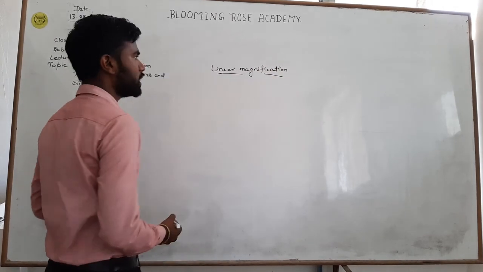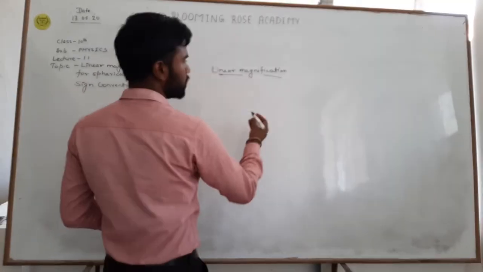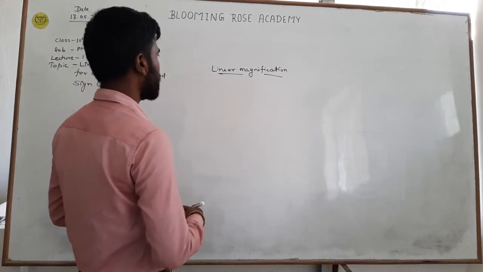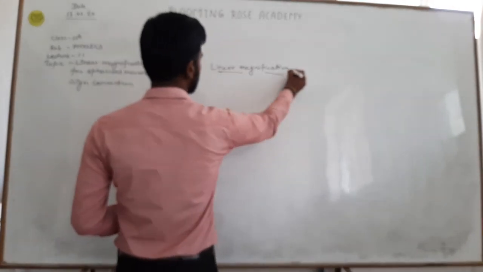Linear magnification can be defined as the ratio of height of image to the height of object, and it is denoted by a small m.